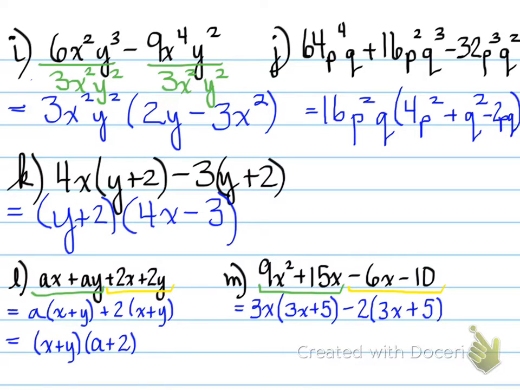In the second part, we'll see negative 2 times 3x plus 5. And lo and behold, look at this, fancy schmancy, do you see what I see? That's right, a common factor of 3x plus 5. So we get 3x plus 5, and what's left is 3x minus 2.